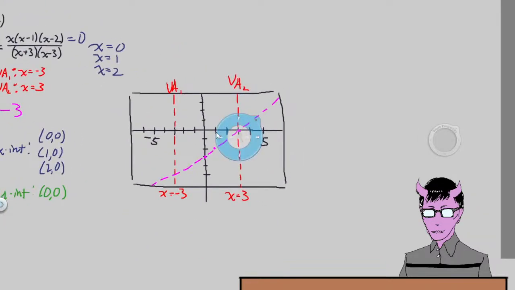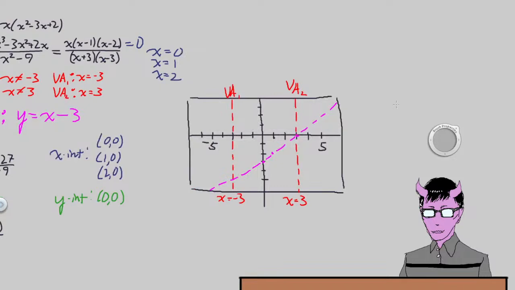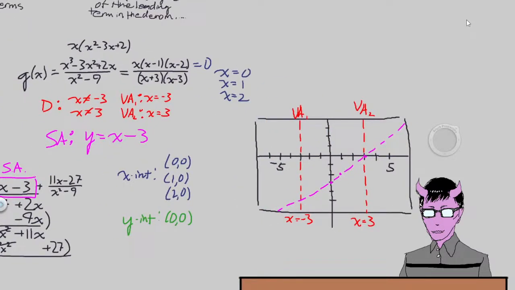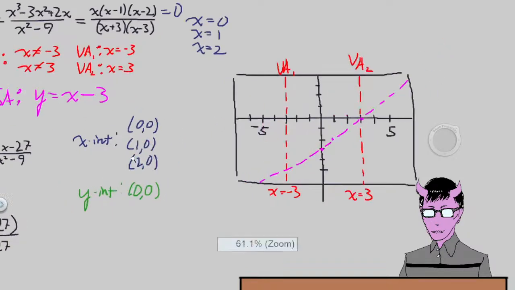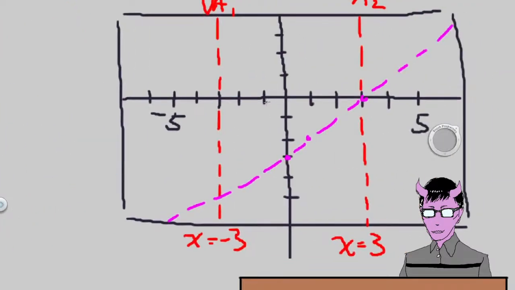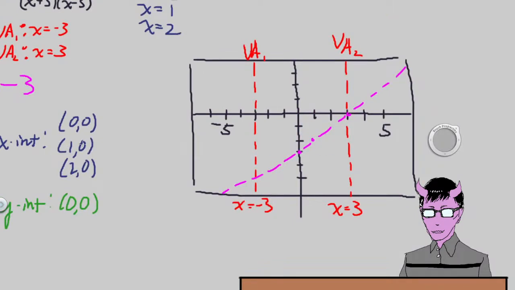Okay, so that looks a little funny, right? So how do we graph this nonsense? Oh, we're going to put the x-intercept and y-intercepts. So y-intercept at 0, 0. 1, 0. 2, 0.